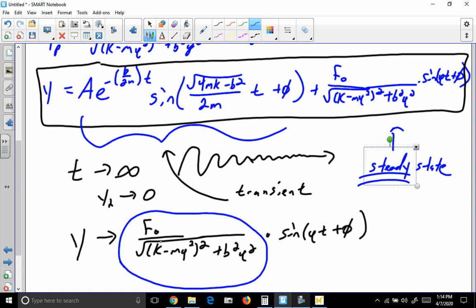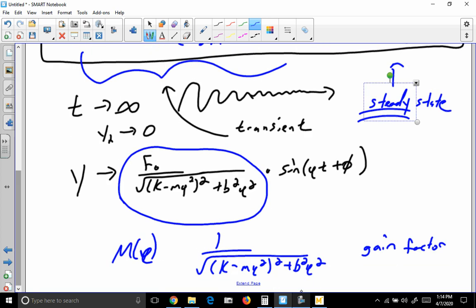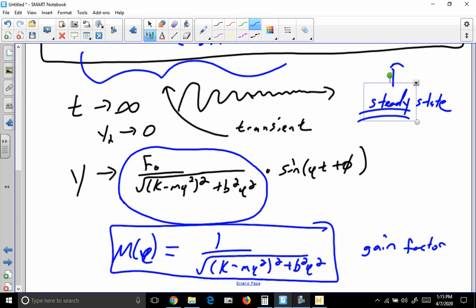So after we reach that steady state, this is what our amplitude is going to look like. We will try to come back and look at some examples, but let's continue on and look at the curve of how this gain factor is affected by the frequency of the driving force and some things that are related to it.